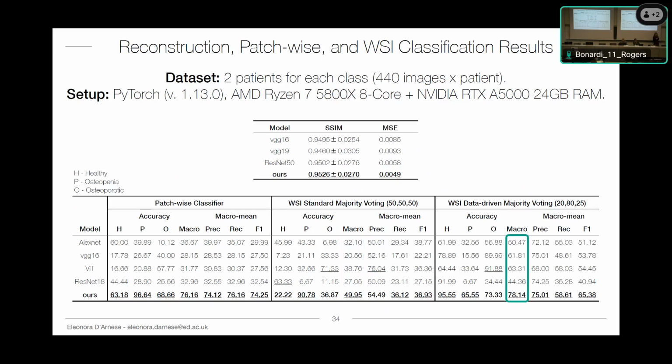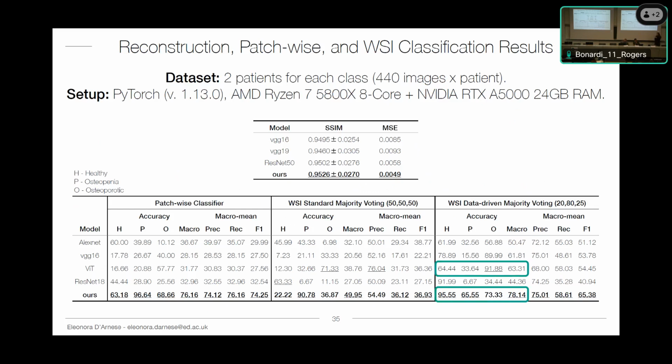While if we were using a threshold studied on the data, what we have seen is that not only were we able to improve the results again, we were also able to better define what was healthy from what was osteoporotic.